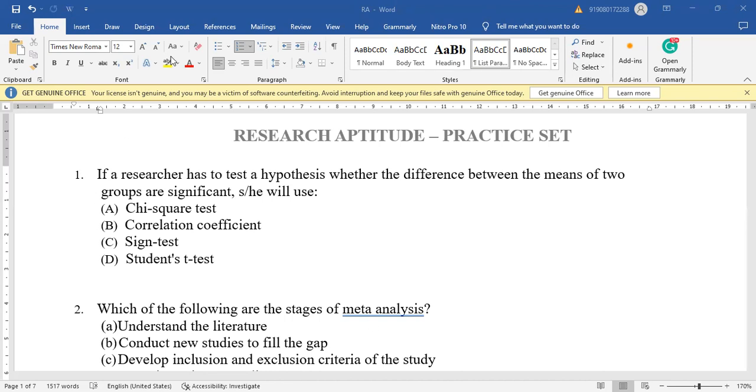A, B, C, D, you can select anything. Okay, D, very good. All right, D is the answer. This is coming directly from our notes.